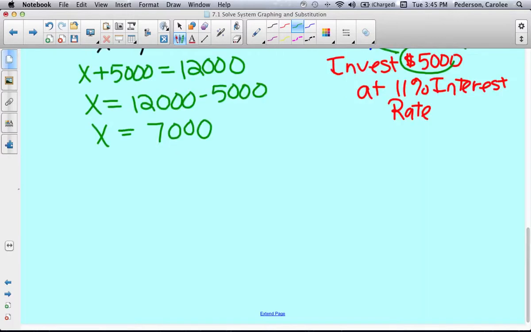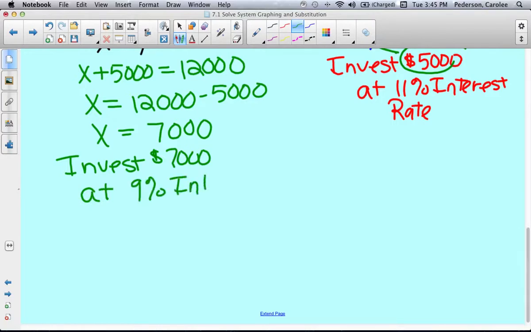So what we have in that case is you're going to invest $7,000 at the 9% interest rate in order to gain $1,180 in interest.